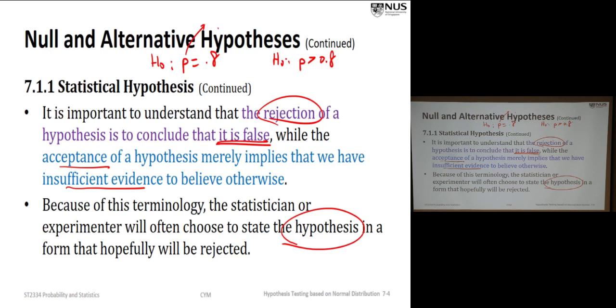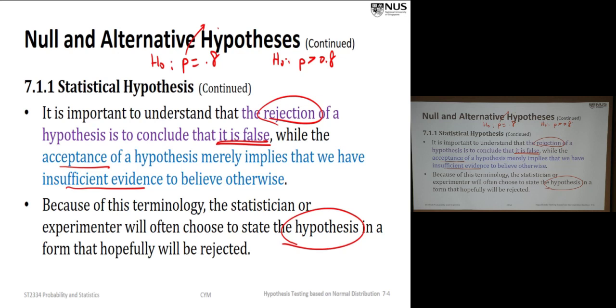But if I put it as the null hypothesis, the whole framework of hypothesis testing is trying to look for evidence to reject the null hypothesis. So, if you believe it, why bother to look for evidence that this probability of recovery is bigger than 0.8?